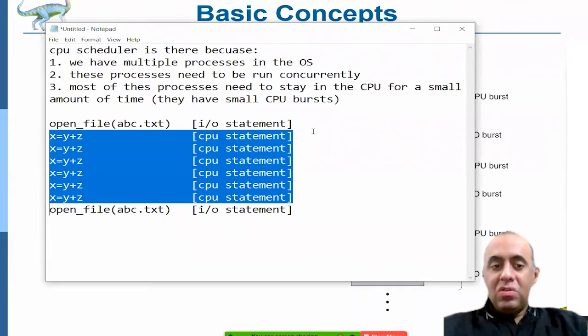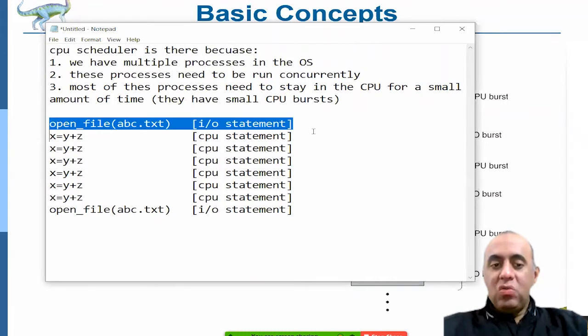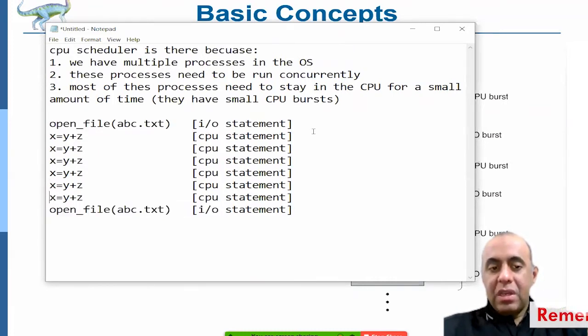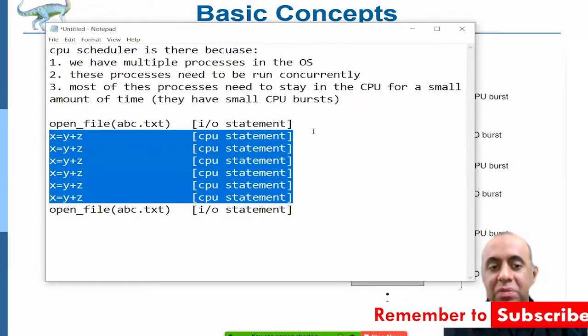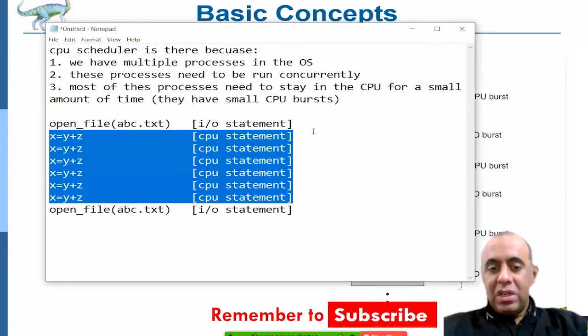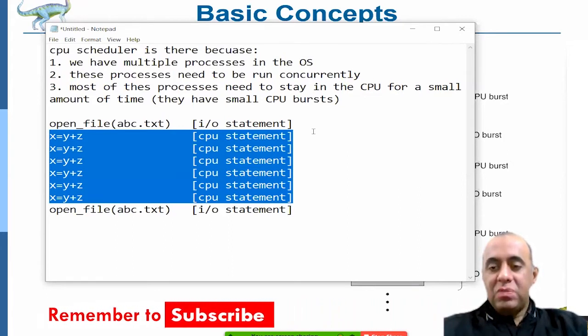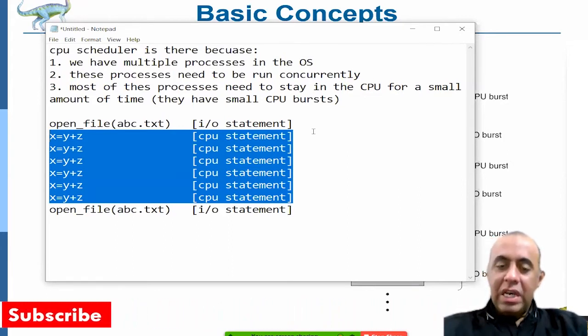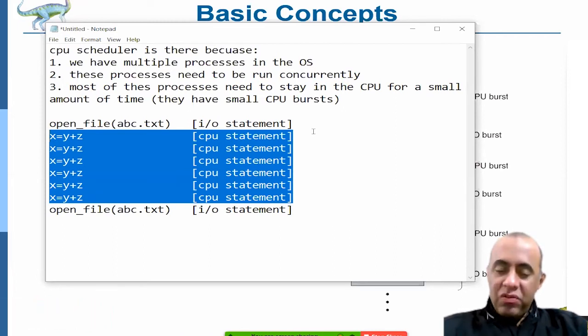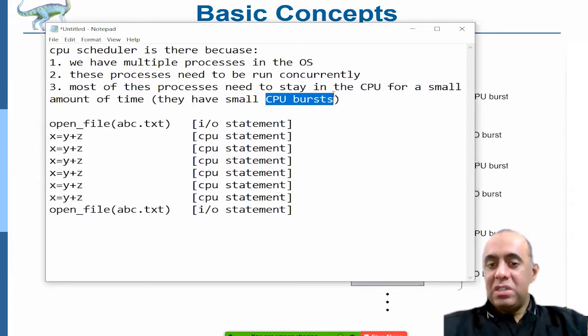Between two IO statements, all the statements as a group are called a CPU burst. So this is the amount of time, or number of instructions or statements, that your program wants to stay inside the CPU. Therefore, we call it a CPU burst.